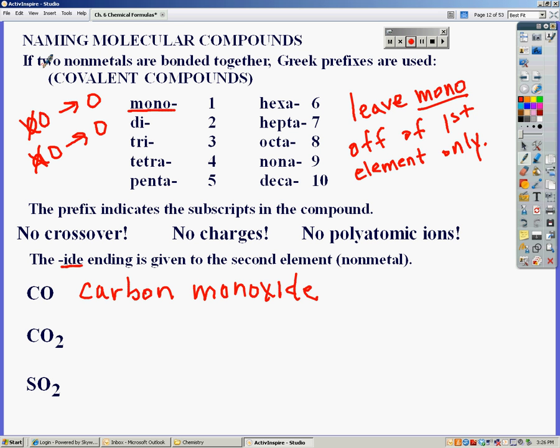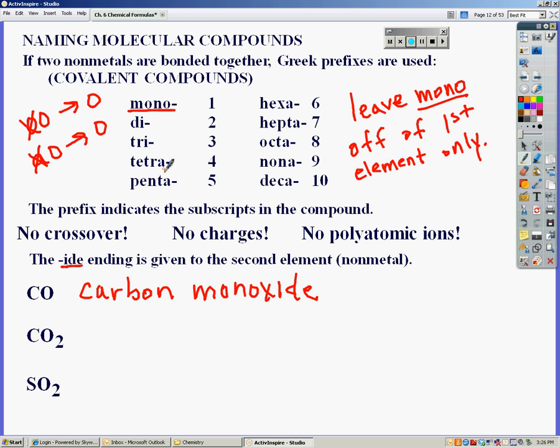Okay, so what this is saying is that when your prefix ends with an O and your element begins with an O, we leave off the O for the prefix. So monoxide instead of monooxide.